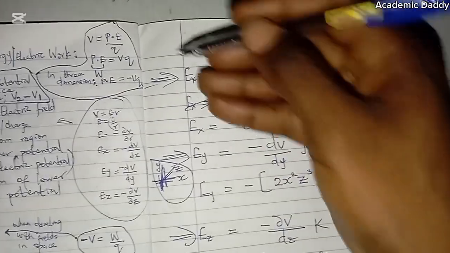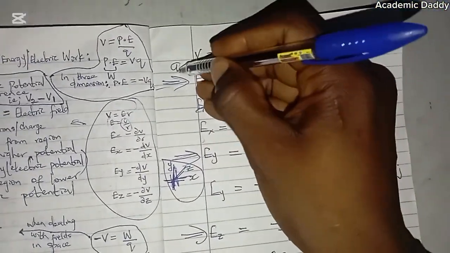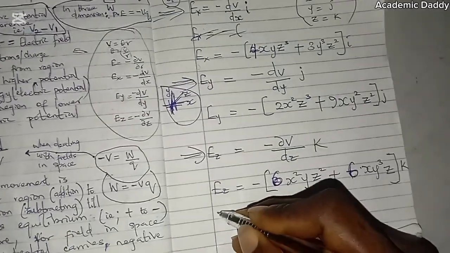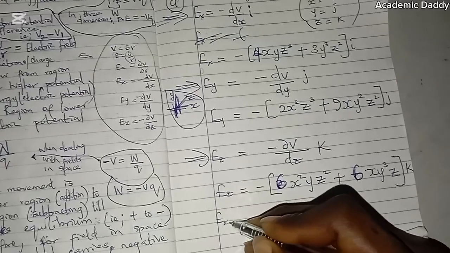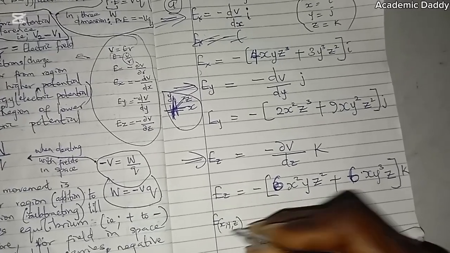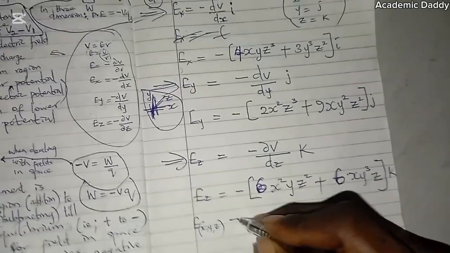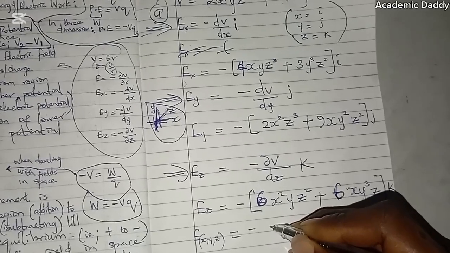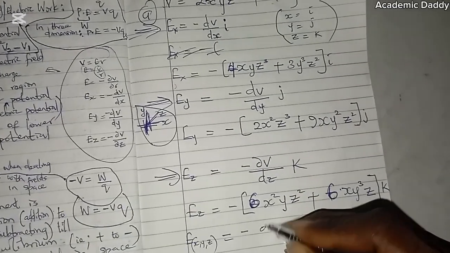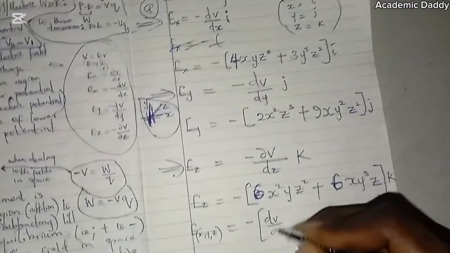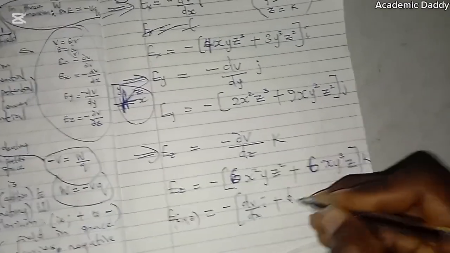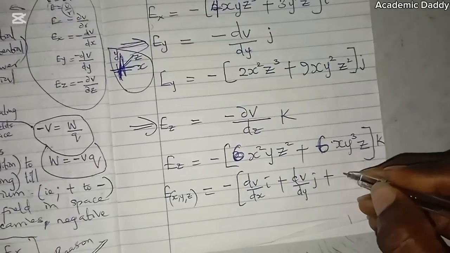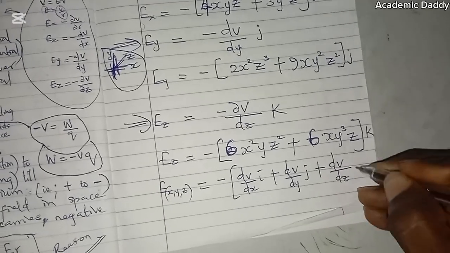So for option A, if we are to represent this, it will be the same thing as saying E(x, y, z) equals minus dV/dx i plus dV/dy j plus dV/dz k.